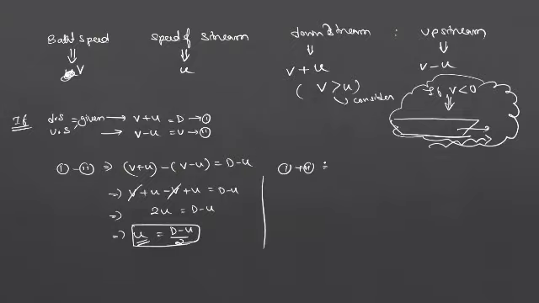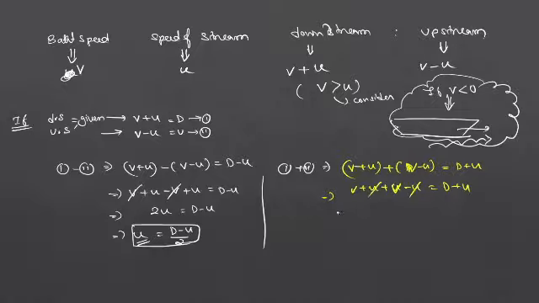So v plus u plus v minus u equal to d plus u.